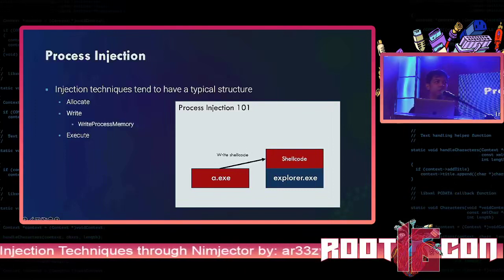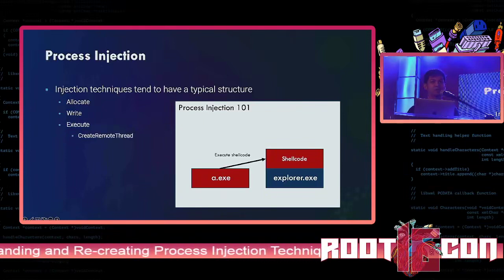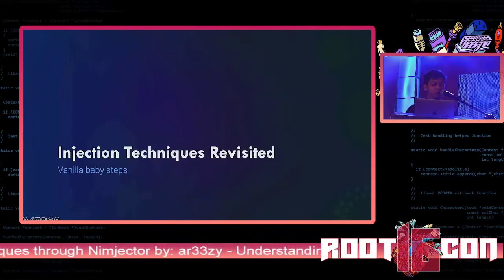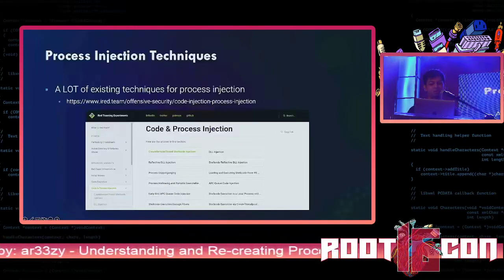Next, it's the write. An example would be the WriteProcessMemory API call, which writes shellcode in another memory space. And lastly, it's the execute. Once you've written the shellcode, all you need to do is execute it using CreateRemoteThread.